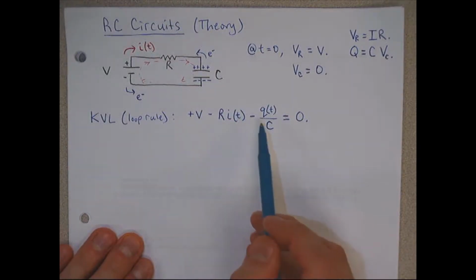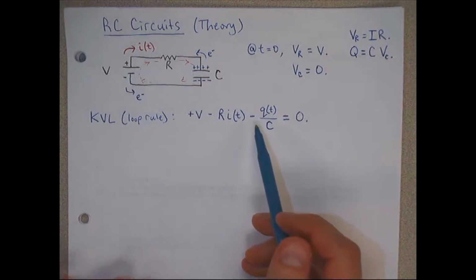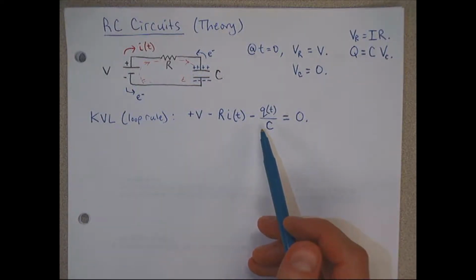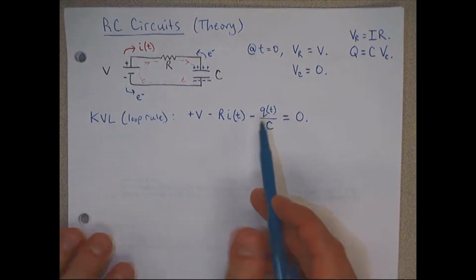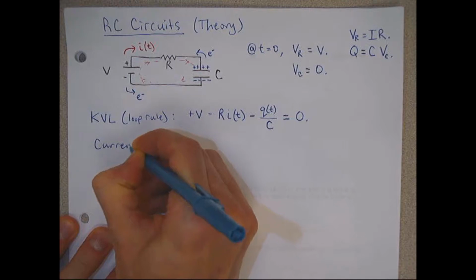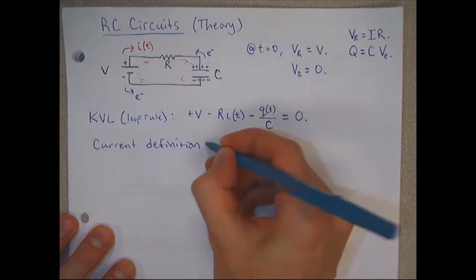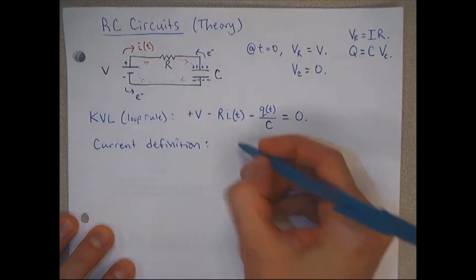Well, you look at this and say, how are we going to solve for the charge on the plates as a function of time? We're going to need the relationship between current and charge. We've discussed that at length.